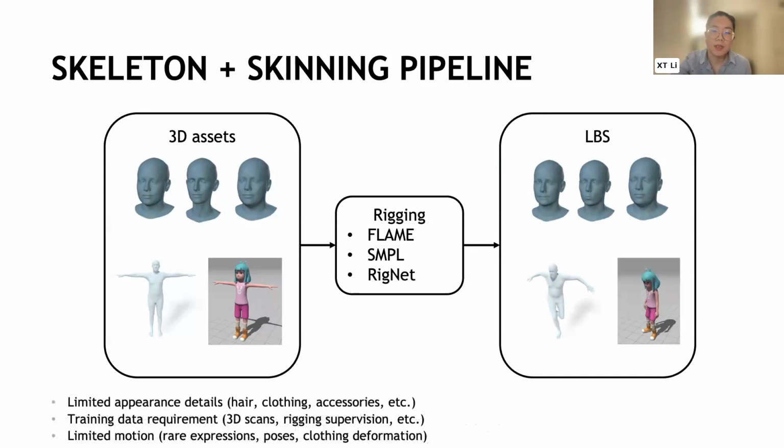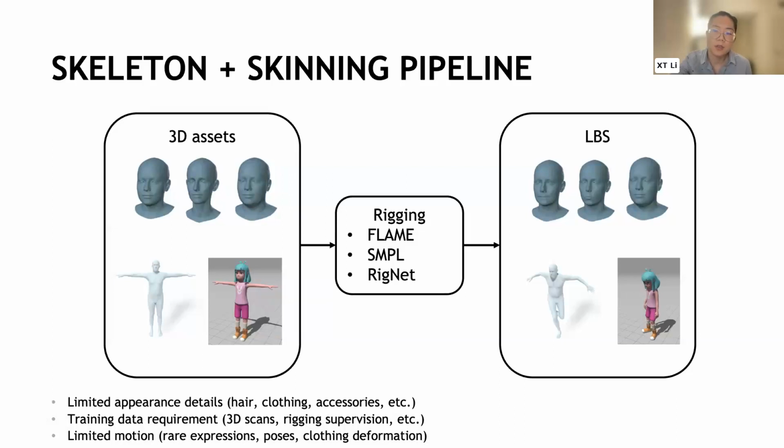This conventional baseline is very efficient and is able to generalize to unseen identities during inference. However, it often struggles to capture the full appearance of a person or character. For example, the parametric models for human heads or human bodies only capture the facial region or the naked body, while they ignore other parts such as the hair or clothing.